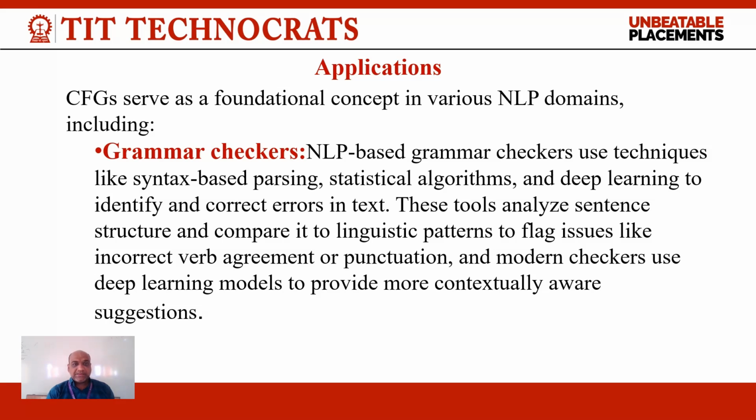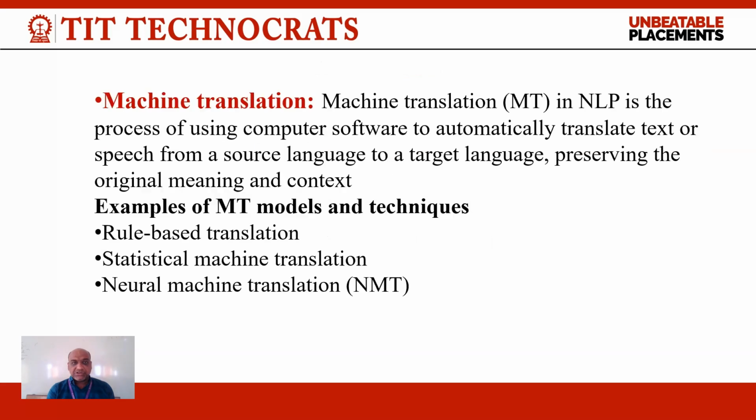These tools analyze sentence structure and compare it to linguistic patterns to flag issues like incorrect verb agreement or punctuation. Modern checkers use deep learning models to provide more contextually aware suggestions.